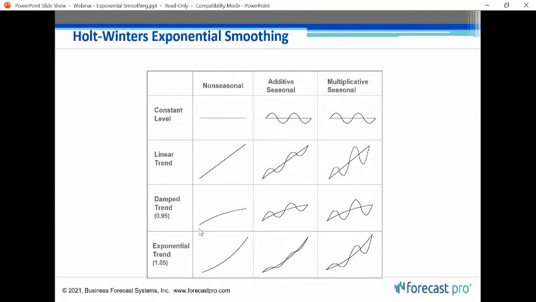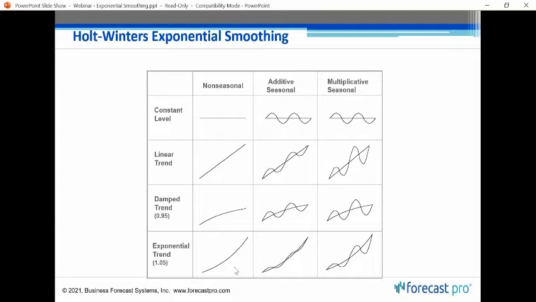A damped trend is something that starts off linear, but then peters out or dies out over time. So you can see it sort of starts out strong and then it's kind of dying out and eventually will go flat. And our 4th trend option is an exponential trend. An exponential trend is a trend that is growing as a percentage of itself. It's a model for the trend that you have to be a little careful with.